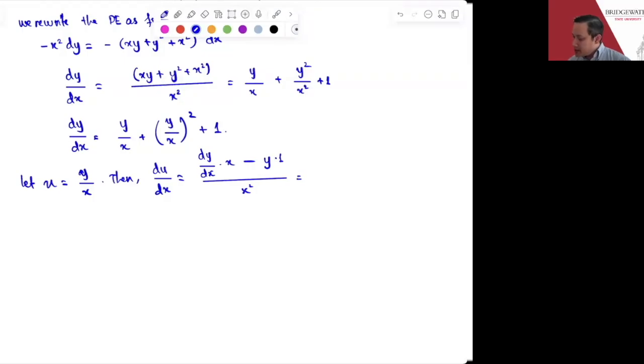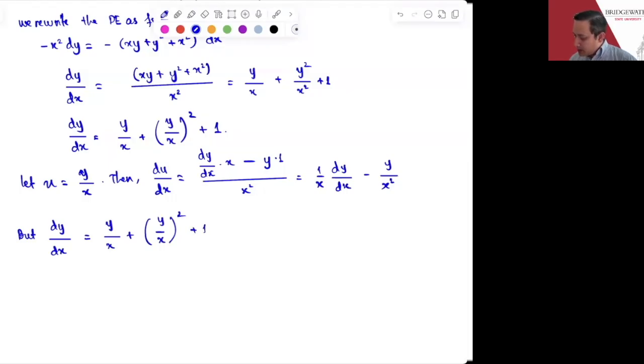You simplify the fractions, you get 1 over x times dy dx minus y over x squared. But dy dx is equal to y over x plus y over x altogether squared plus 1.